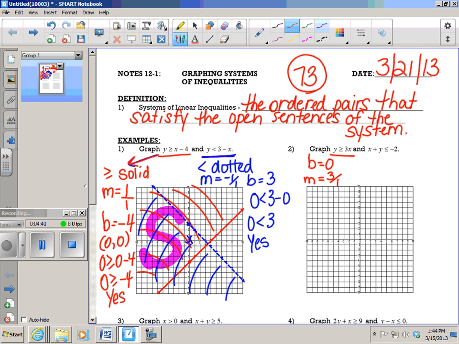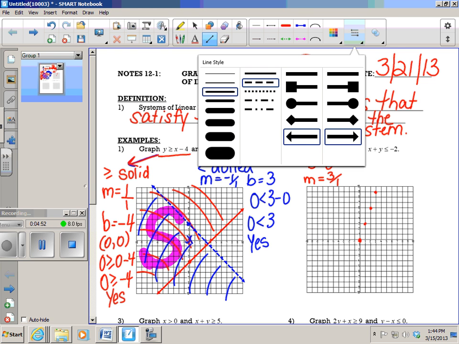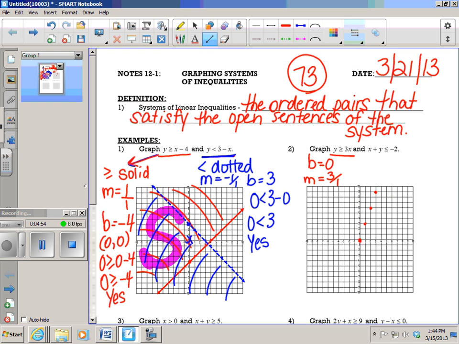So I don't want to test the point 0, 0 for this one because the line starts at 0. I'm going to pick a new test point. This line is also a solid line. That is a red line.